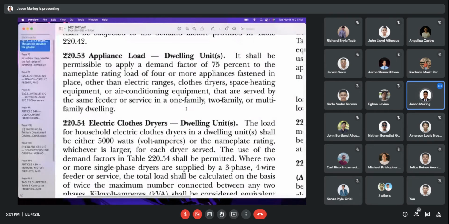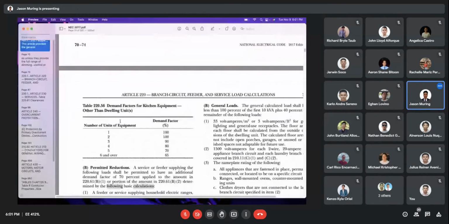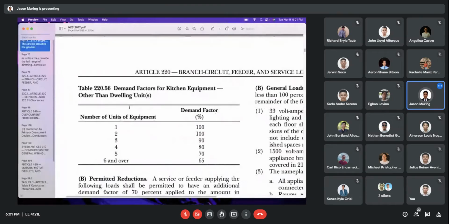But there's also a table for that. Here, not this one.